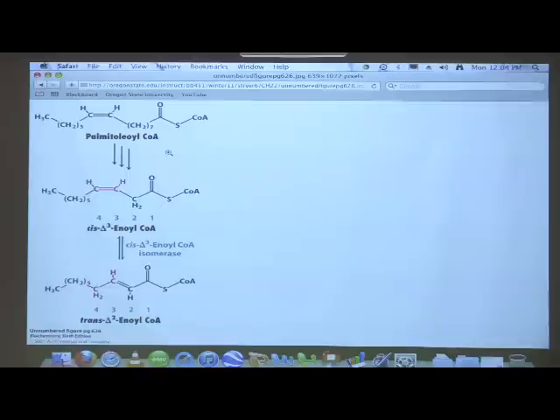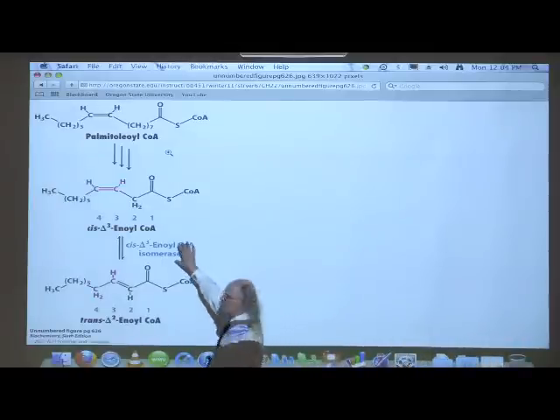I did have dibs on Virginia. We had dibs on Virginia. Cletus. Who said that? Cletus. I like Cletus, okay? I will accept either cis-delta 3-enoyl-CoA isomerase or Cletus as the name of this enzyme.